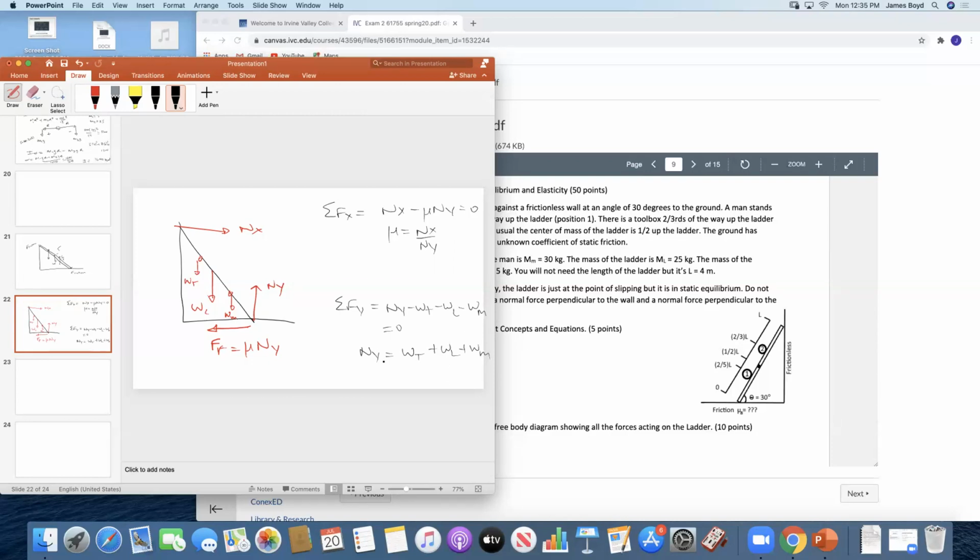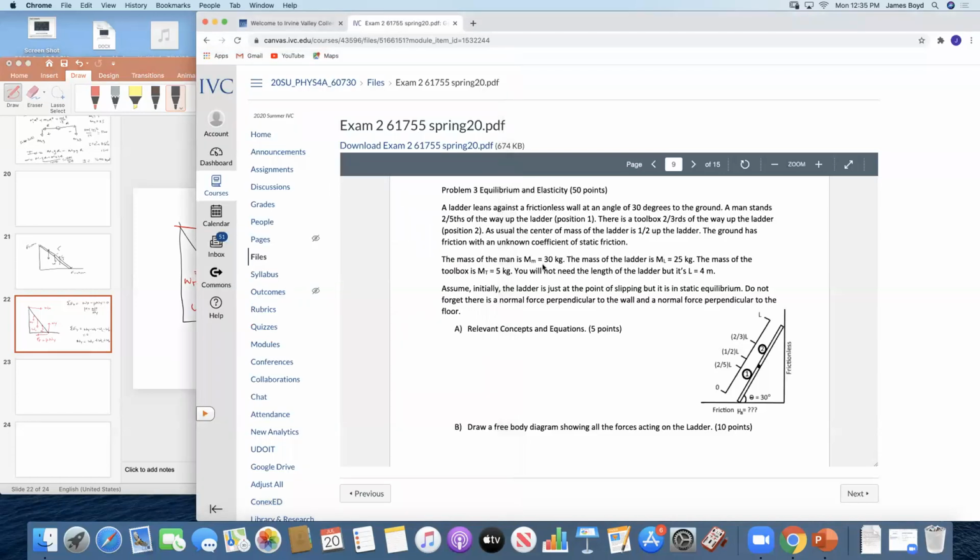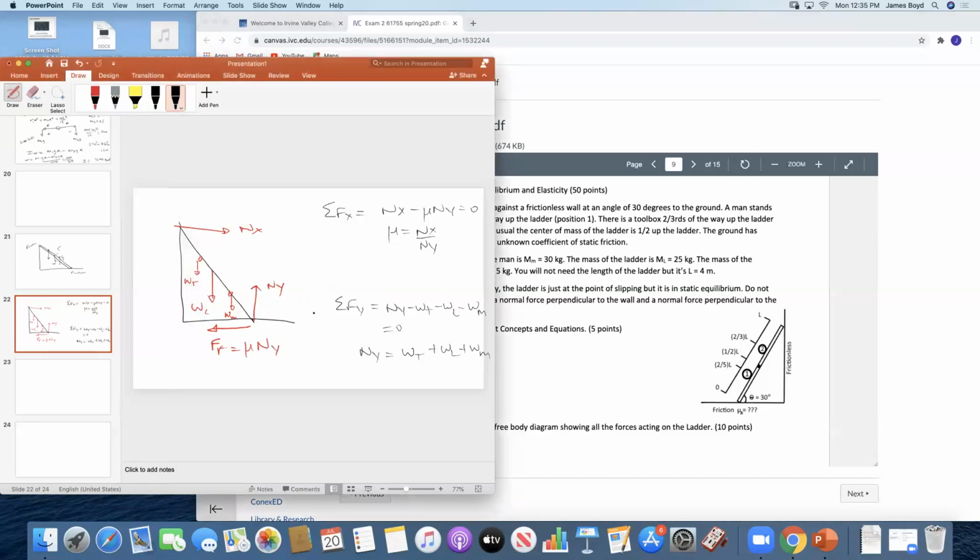That's easy enough to find. We can find that right away because we're given all of that stuff right here. We're told that the mass of the man is 30, the ladder is 25, and the mass of the toolbox is 5. So 5 plus 25 is 30, so this is 60 times g. These are all mg's. This is 600 newtons. We know what Ny is.